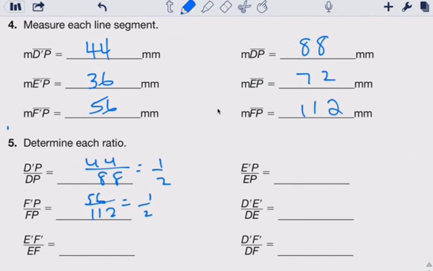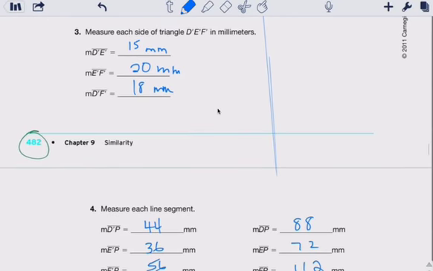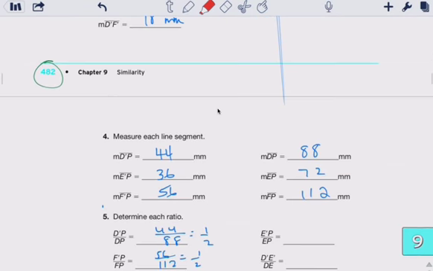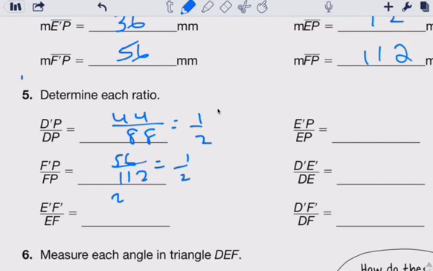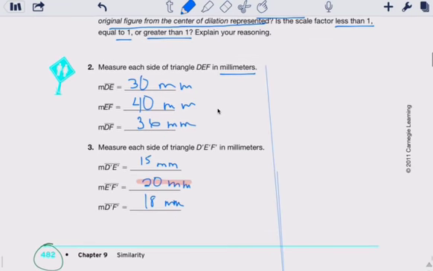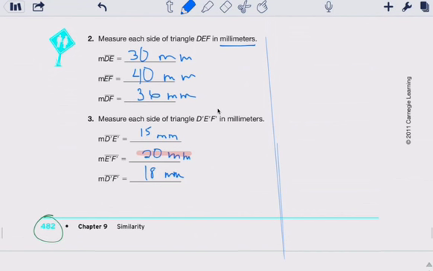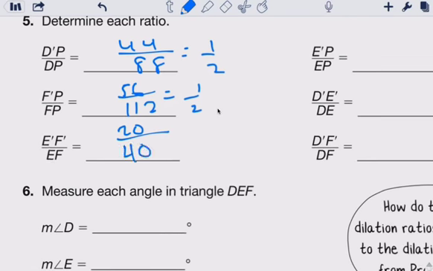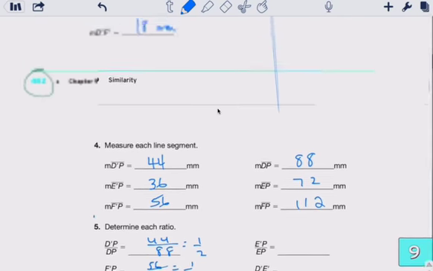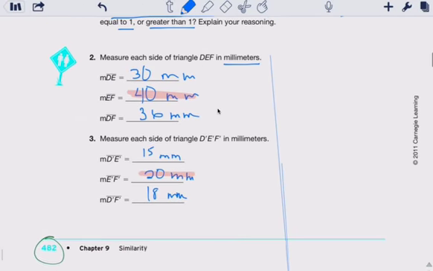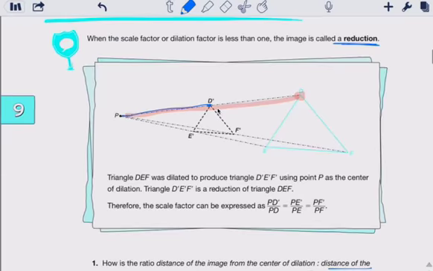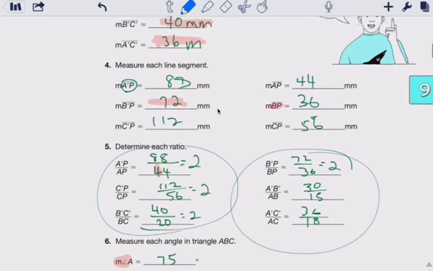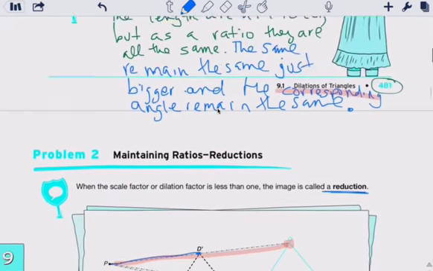E to F prime is 20. E to F is 40. E prime to P... Did I miss it?